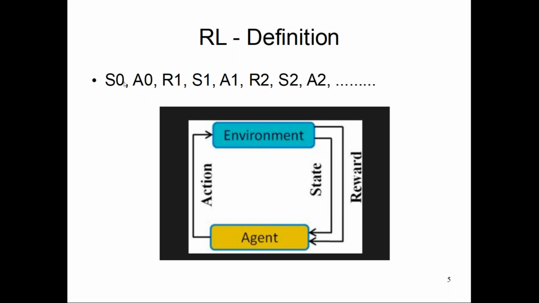Let us go back here. From A0, the action, it will get a reward R1 and get on to the new state. Next, it takes an action A1, gets a new reward R2, and gets on to the new state.